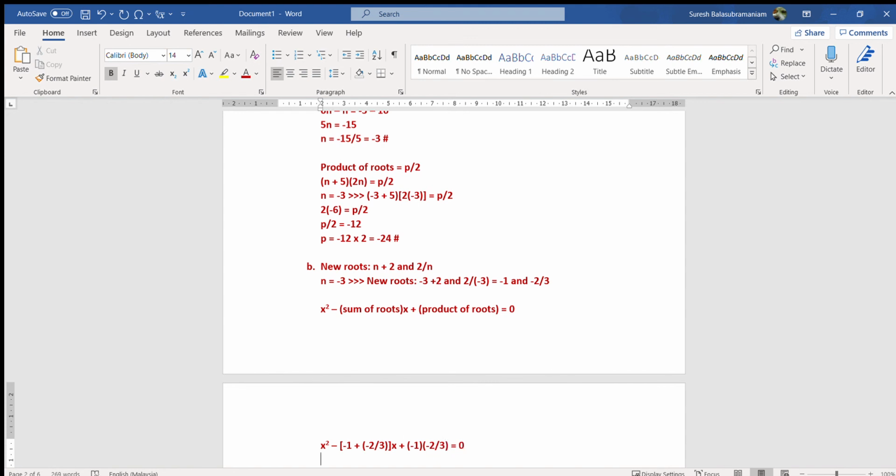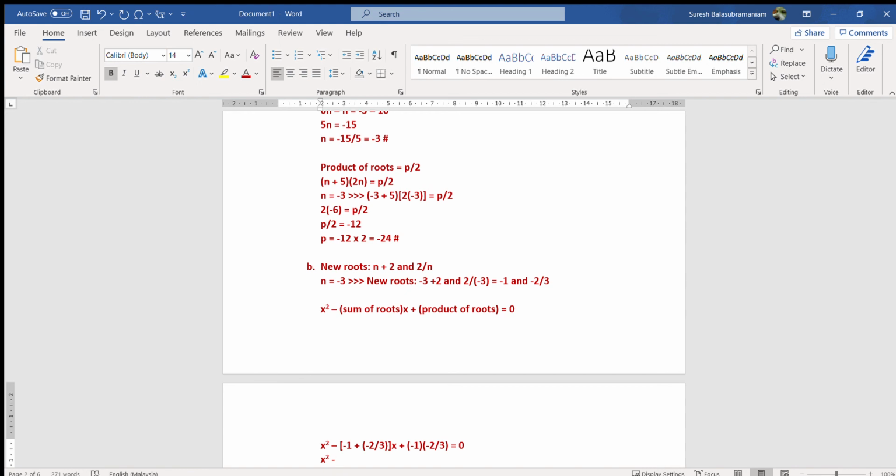So this is our quadratic equation. I'll make it in a better form. x square minus, negative 1 plus negative 2 over 3, so negative 1 minus 2 over 3.